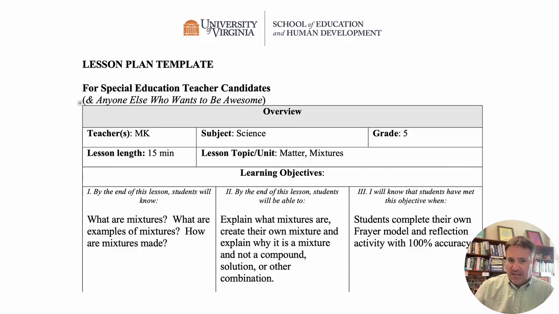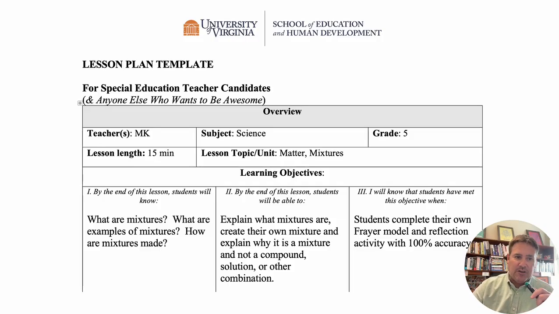Okay, so by the end of this lesson, kids will know what are mixtures, what are examples of mixtures, how are mixtures made. They'll be able to create their own mixture, explain why it's a mixture, not a compound, why it's not a solution. Okay, and students are going to complete their own Frayer model and reflection activity with 100% accuracy.